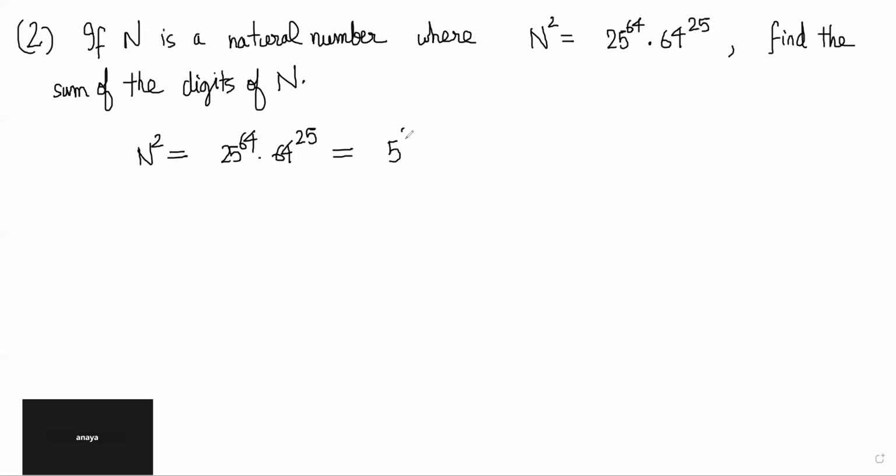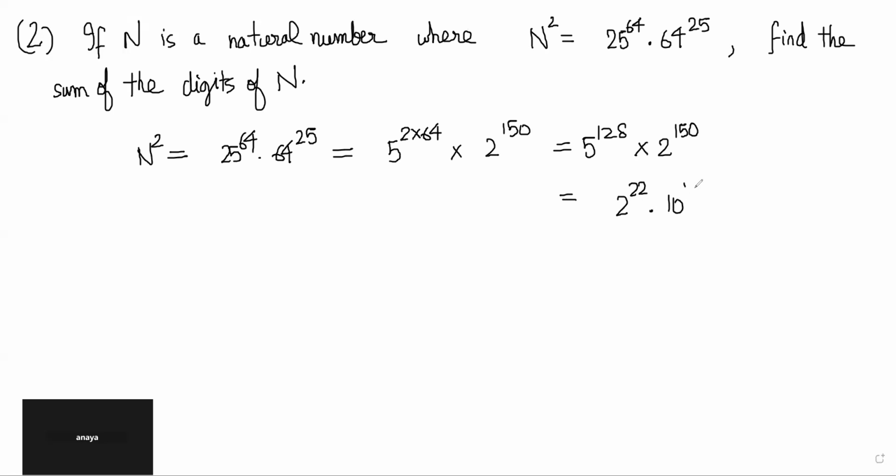So you have that it's 5 to the power 128 times 2 to the power of 150. Then you can combine that to get that n squared equals 10 to the power of 128 times 2 to the power of 22.